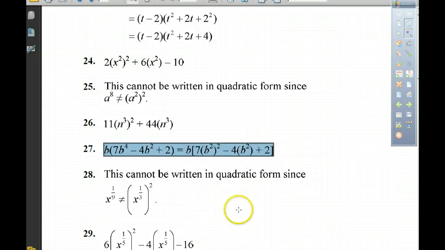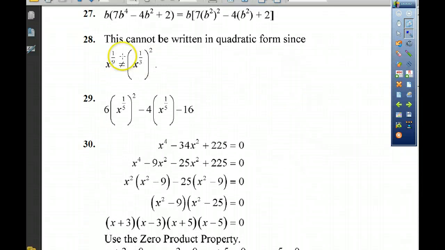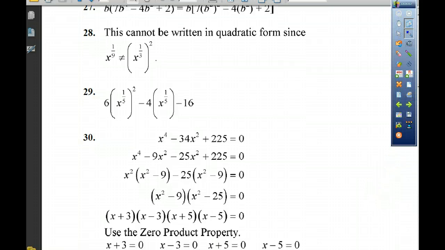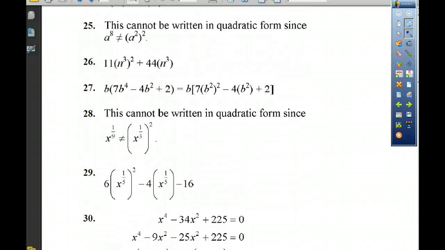So what we're going to end up doing is using this to solve, even with these kinds of problems, like that number 29 where it says x to the 2/5, that's the same as x to the 1/5 squared. So they have the same format as a quadratic equation, and then you can go backwards the same way.